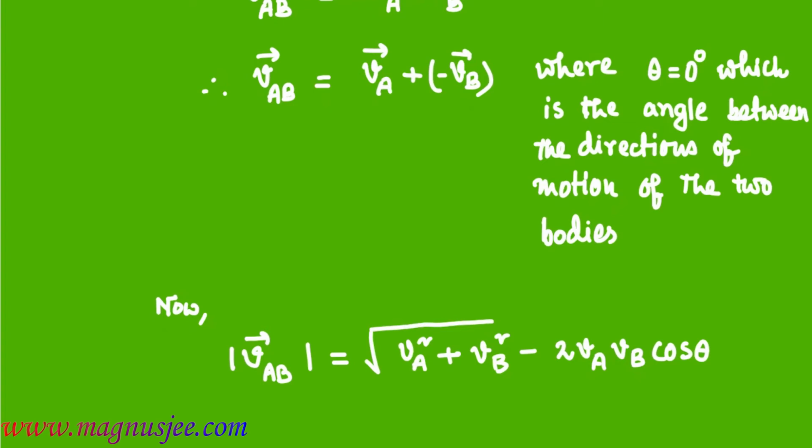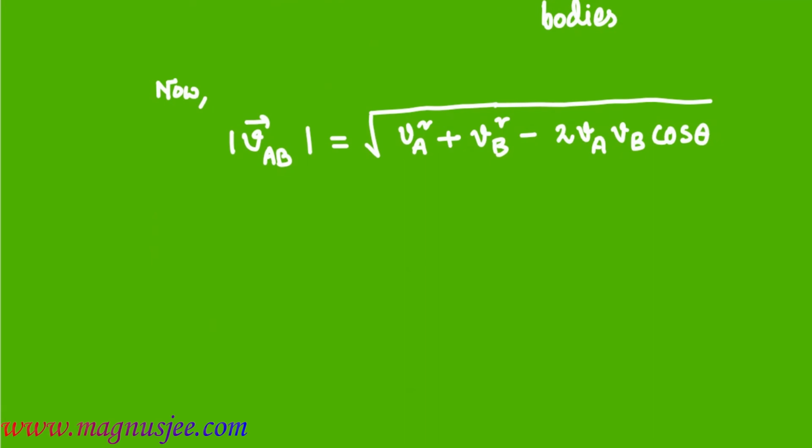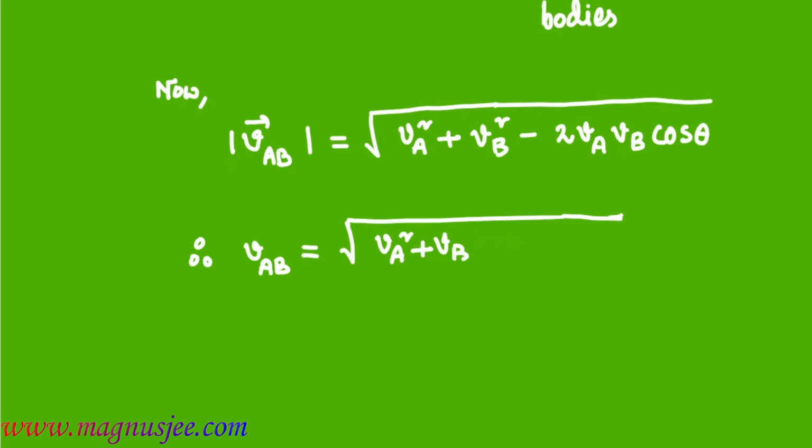So directly we can use this formula, that is mod vector VAB equals root over VA square plus VB square minus 2 VA VB cos theta, where theta is 0 degrees. So therefore VAB equals root over VA square plus VB square minus 2 VA VB cos 0 degrees.